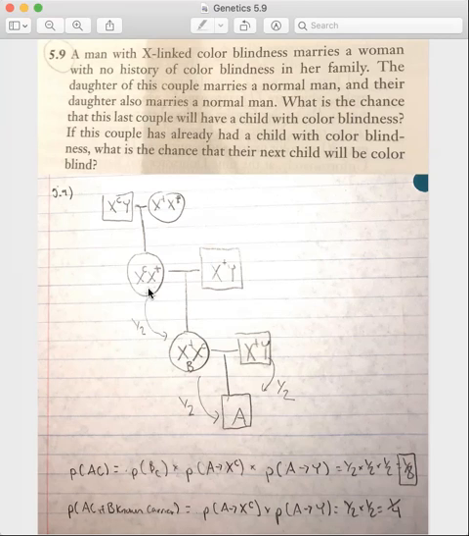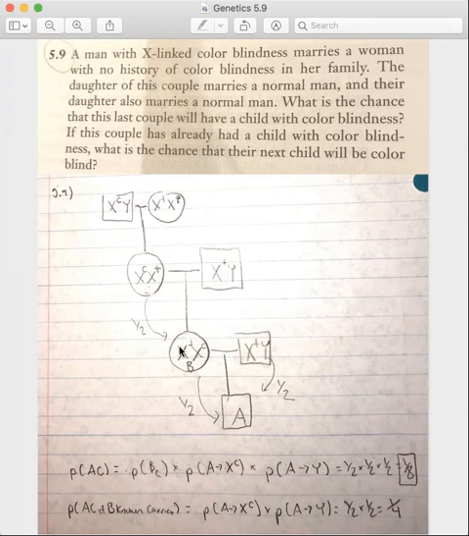And so here we know the grandmother is a carrier. So what has to happen is that the grandmother has to pass on that mutant allele to the mother. We know the mother has regular, normal vision, is not colorblind, because she had to have inherited this wild type X chromosome from her father.